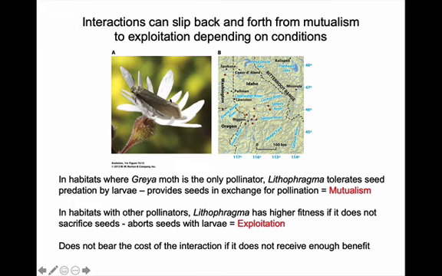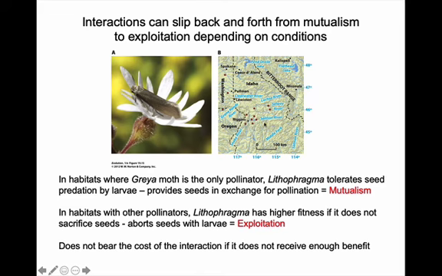It pollinates it, and it also eats the seeds, sometimes. Here is Idaho, and here's Oregon, and here's Montana. This is the northern Rocky Mountains, an area where this Lithophragma plant grows and is pollinated or visited by Graea moths.